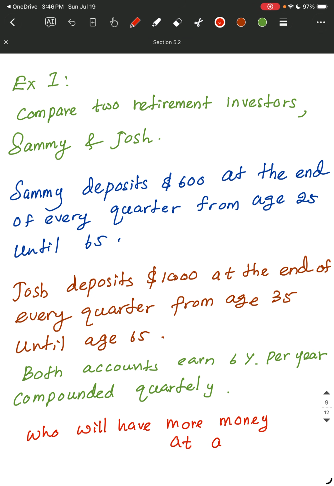With the information, Sammy's account starts with the payment at every quarter of $600, starting from 25 years until 65. So let's go for Sammy's account.